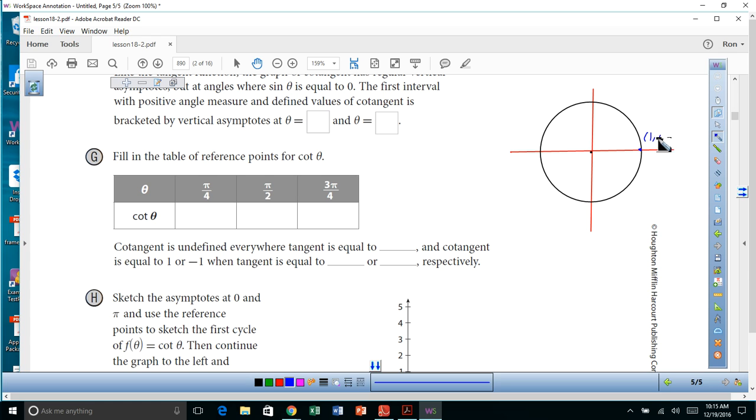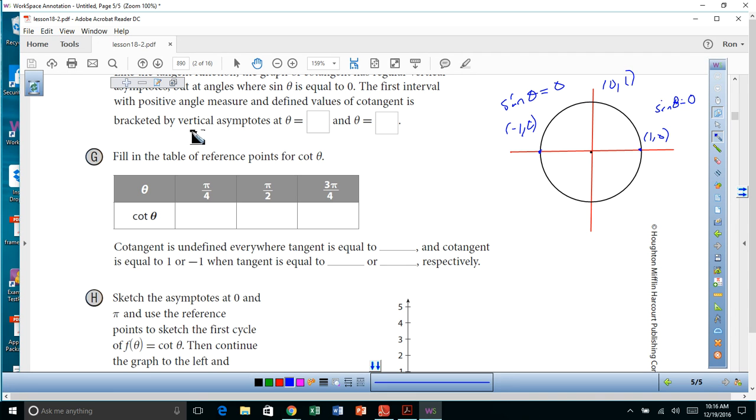This is 1, 0, so sine theta equals 0 there. And then over here, this is 0, 1, so sine theta is 1. Over here, this is negative 1, 0, so sine theta equals 0 here. Okay? So kind of like before.